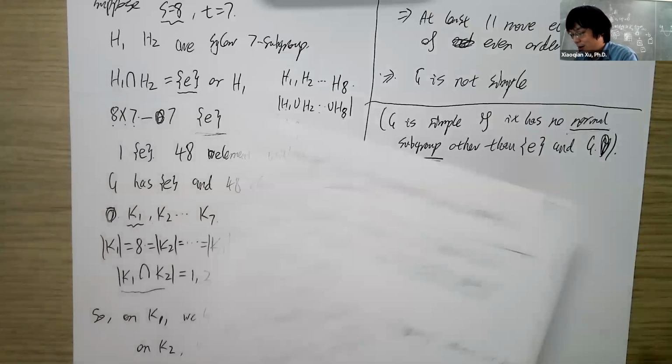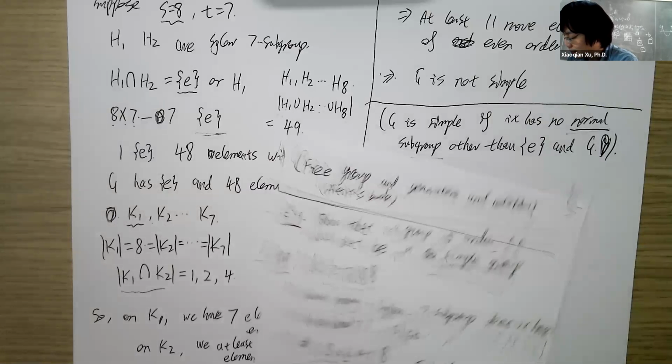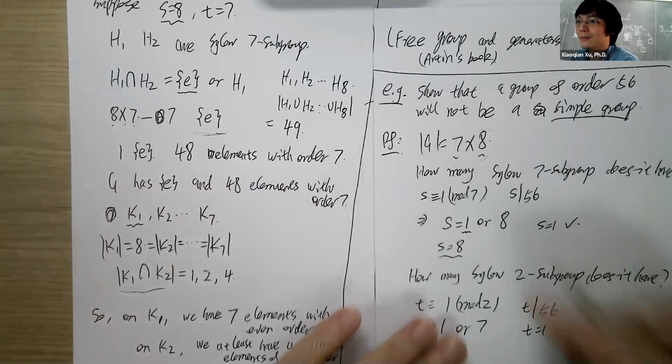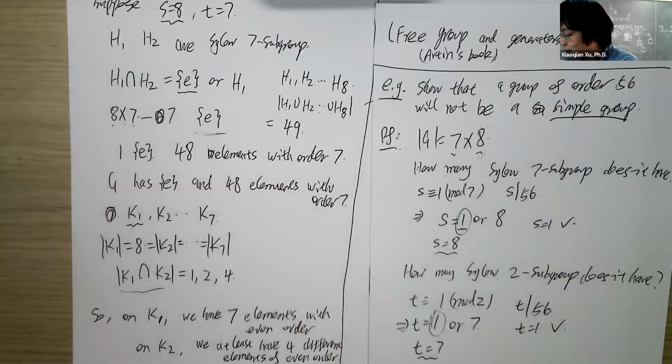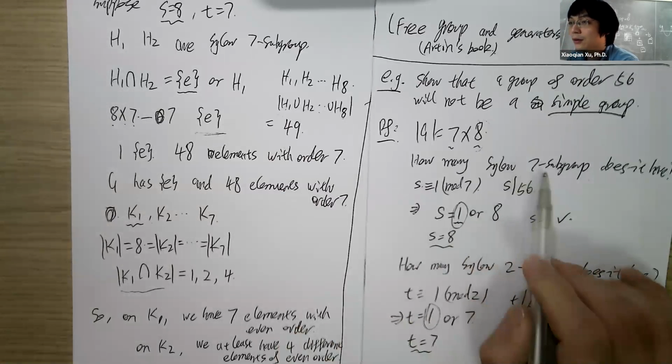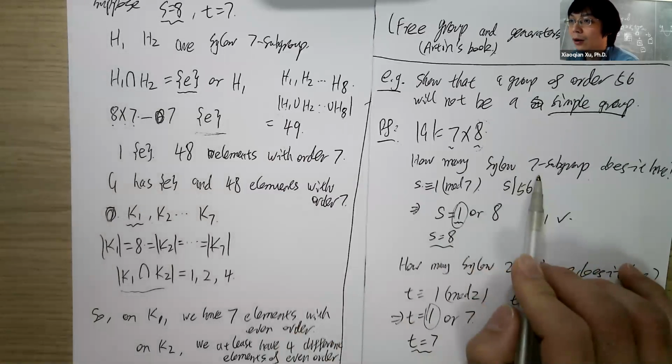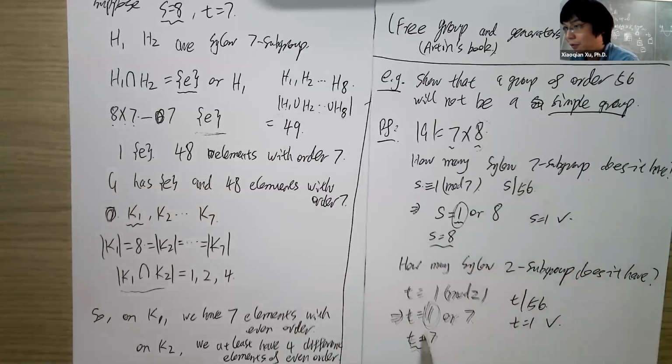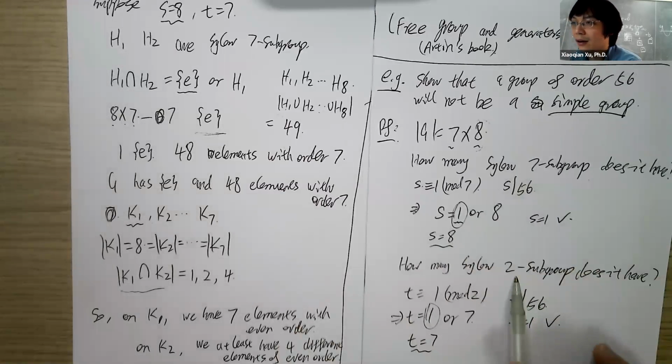We find that either S equals 1 or T equals 1, since S equals 8 and T equals 7 is impossible. If S equals 1, that means you have a unique Sylow 7 subgroup, then it itself is normal. Otherwise, it has a unique Sylow 2 subgroup, it itself is normal.